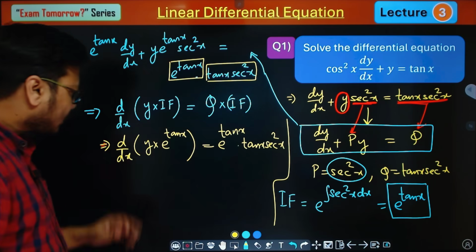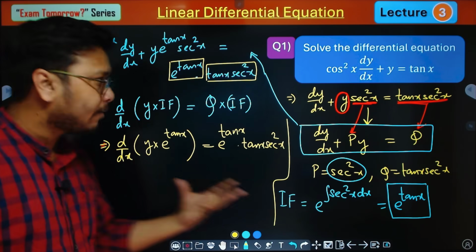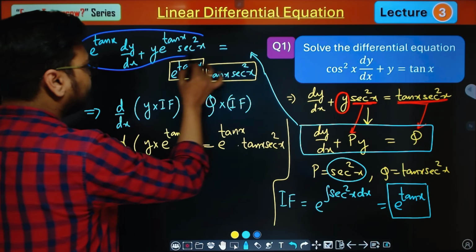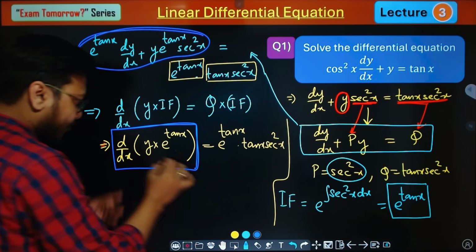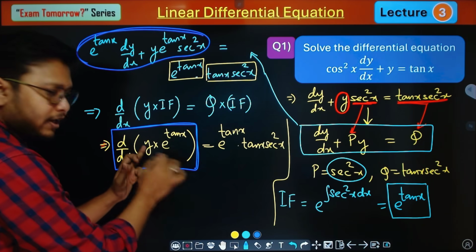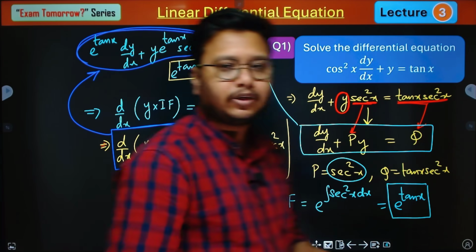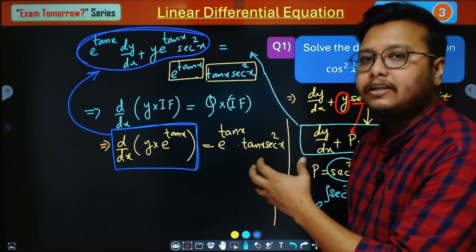Now you might ask, how is this format coming? Well, if you observe this portion, if you do this derivative in the product rule format, d dx of product of two functions, you will see you will be getting these two terms. So it's just a back calculation. This is what the integrating factor actually does.